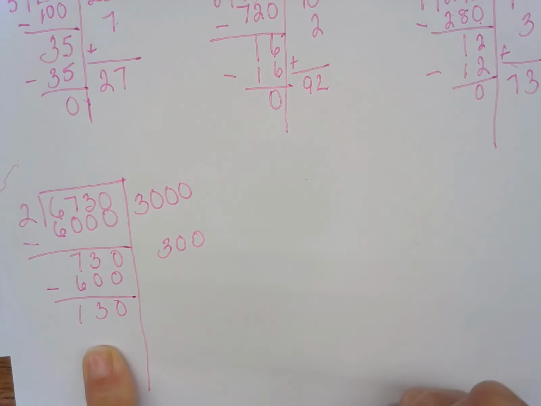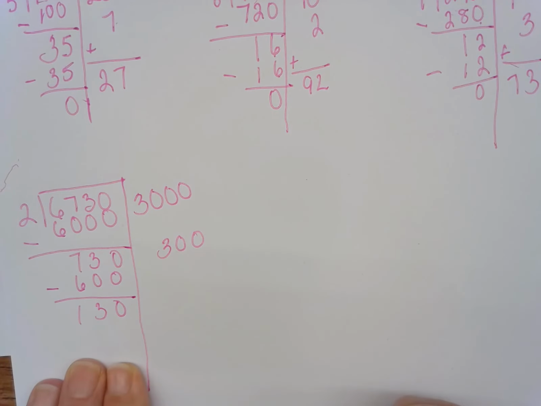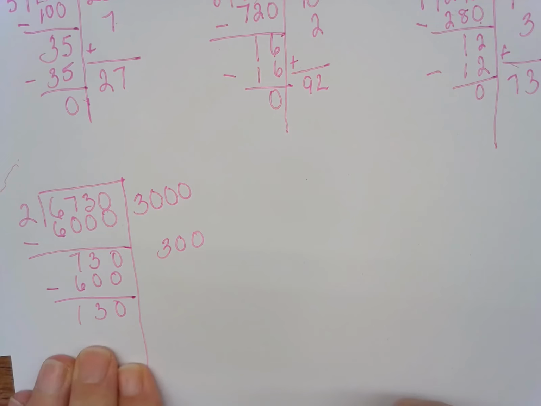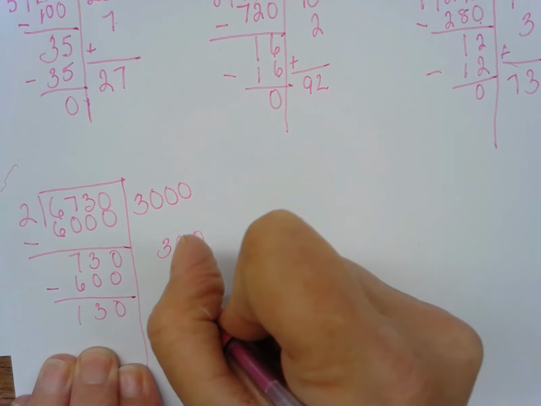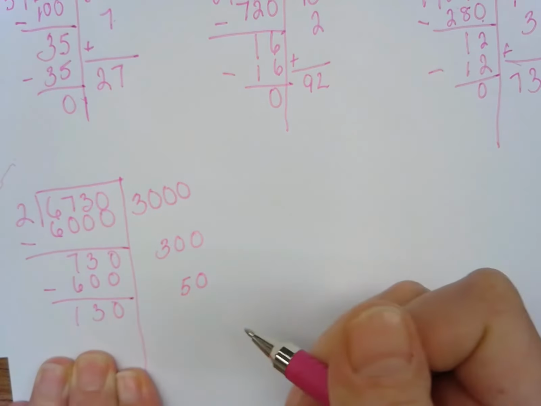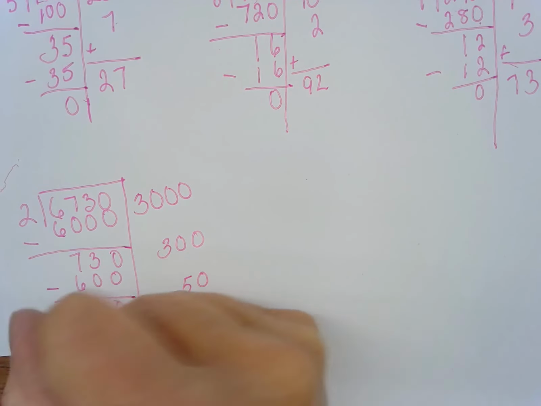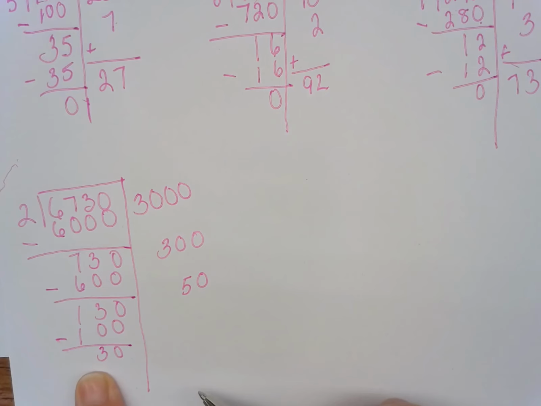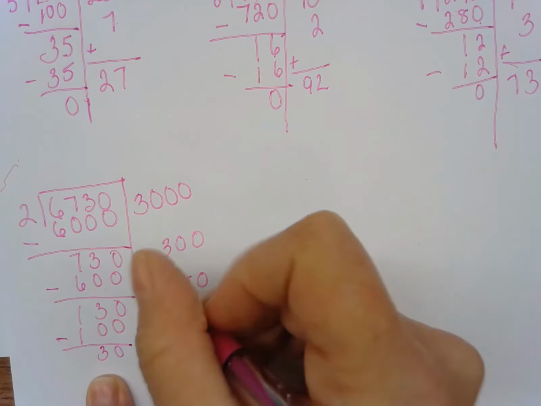Subtract, we get 130. Well, 2 goes into 100 50 times. 50 times 2 is 100. Leaves us with 30. 2 goes into 30. How many times? 15.